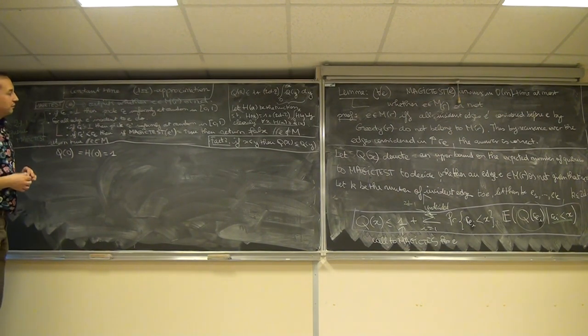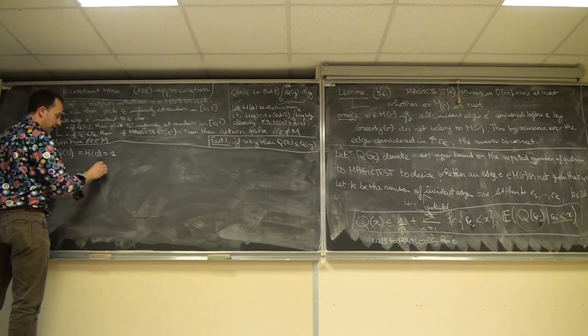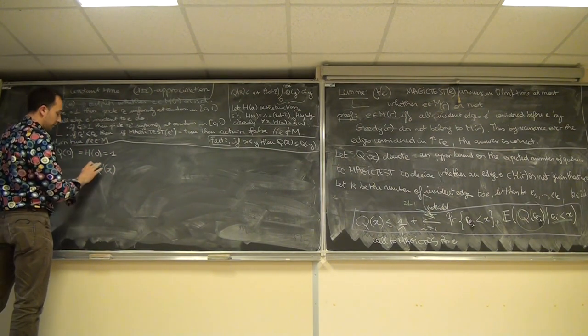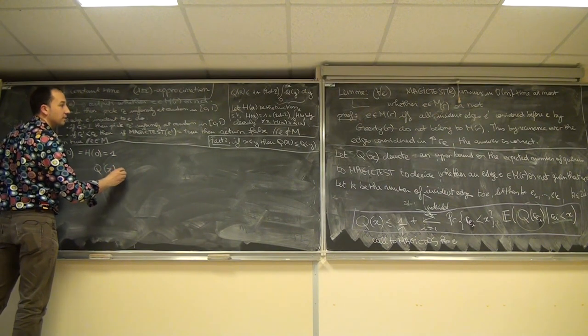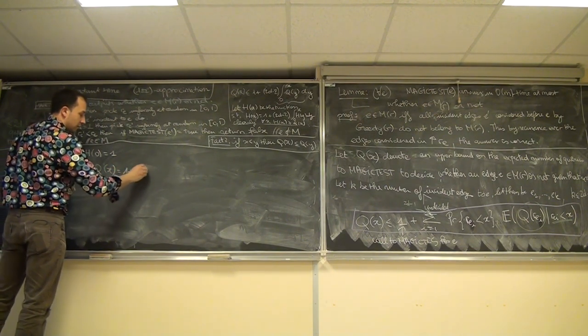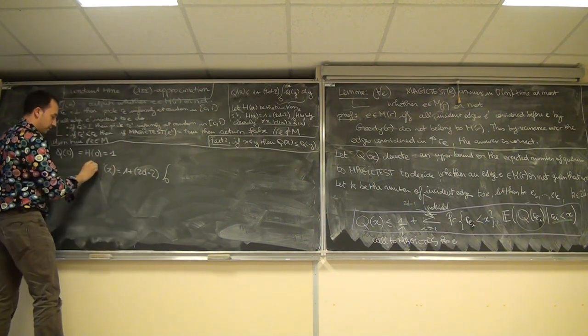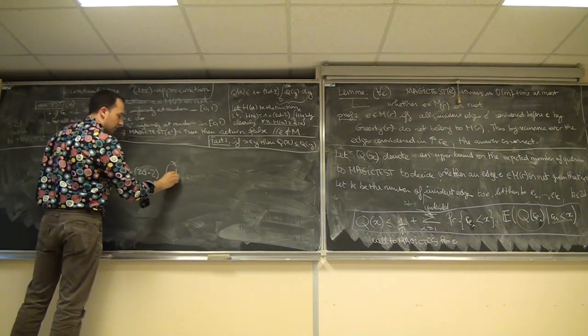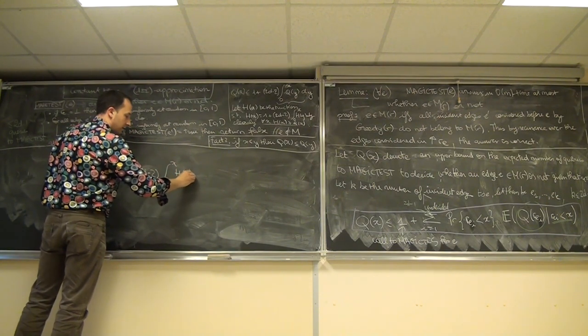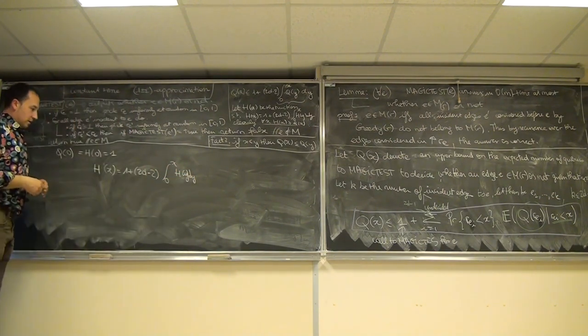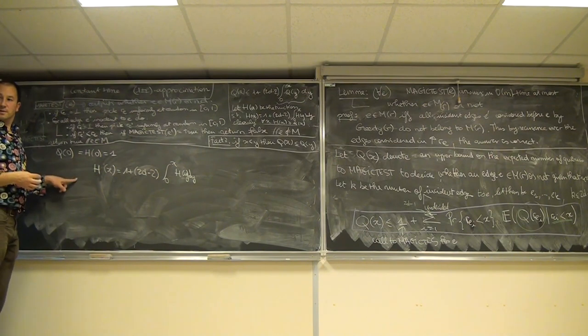And now how do we solve that? We have Q of x, which is equal to 1 plus 2d minus 2 times... no, it's not Q, it's h. The integral of h of y dy. So now what you do is you differentiate it, right?